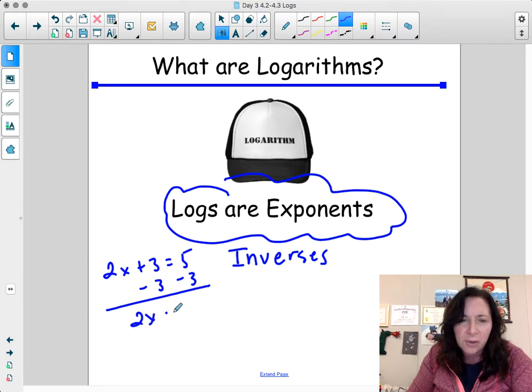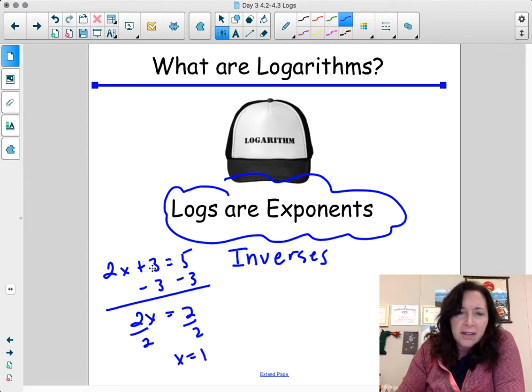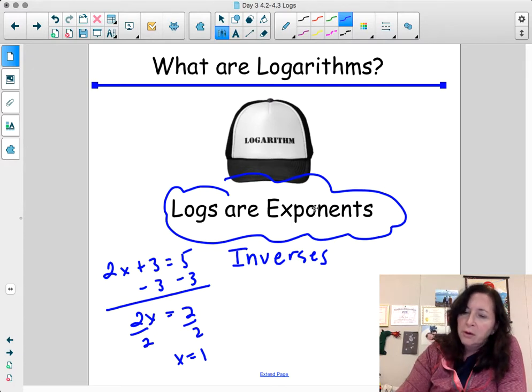So now I have 2x equals 2. In addition to that, dividing by 2 or multiplying by 1/2 is another inverse operation. So the inverse of addition is subtraction, of multiplication is division, just like the inverse of logarithms are exponents and the inverse of exponents are logarithms.